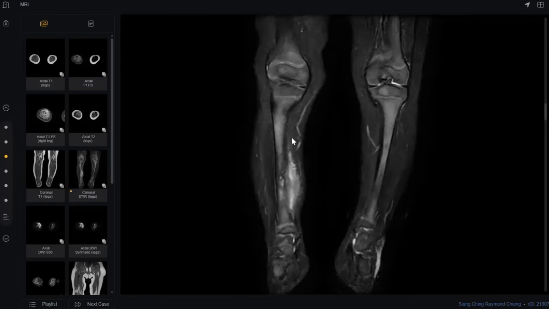And this lesion is only on the right tibia.